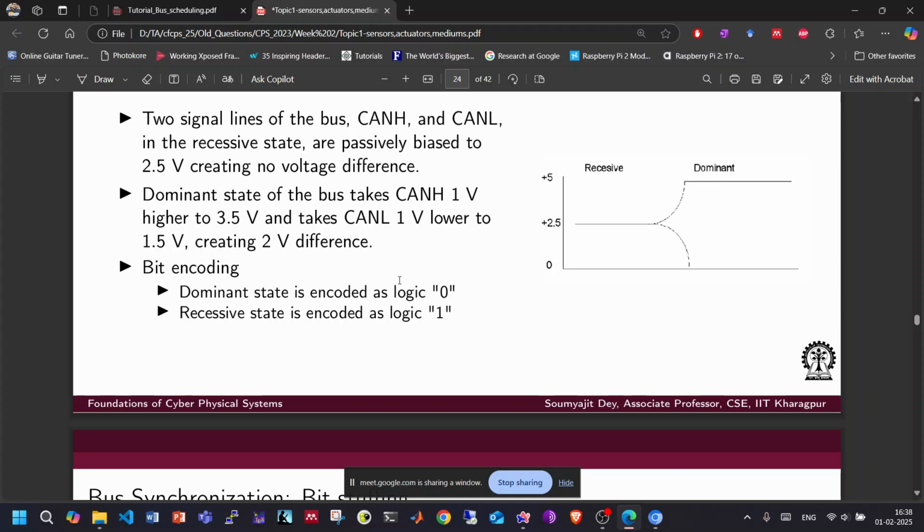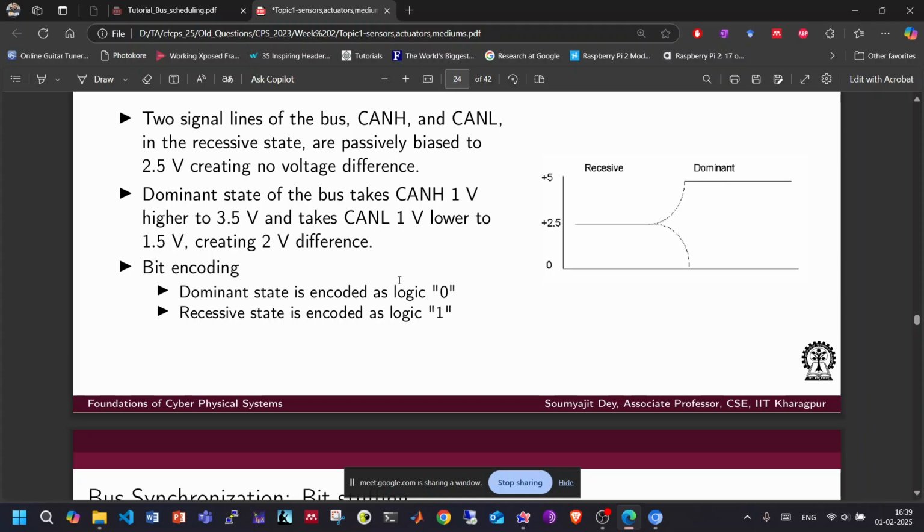What I am trying to say is there are two wires, two signal lines, CAN high and CAN low. CAN high has to go 1 volt higher to 3.5, maybe it will go to 4.5, and CAN low has to go 1 volt lower to 1.5, maybe it will go to 0.5, right? Only then you get the dominant bit.